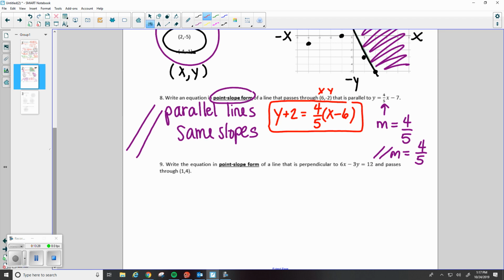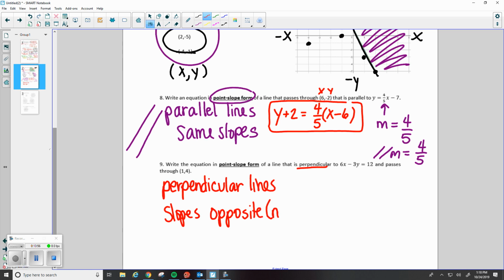Number 9 wants point slope form as well, but this one talks about a perpendicular line. And when we talked about perpendicular lines, we said that their slopes are opposite or negative reciprocal.